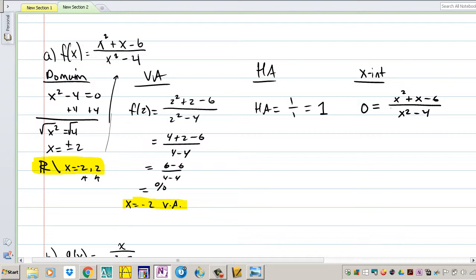It's hard to solve an equation when you have a denominator, so let's eliminate it by multiplying both sides by the bottom. Look what happens: the bottoms cancel. What is 0 times anything? 0.